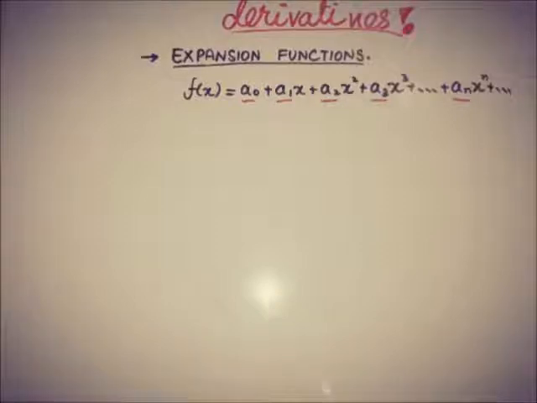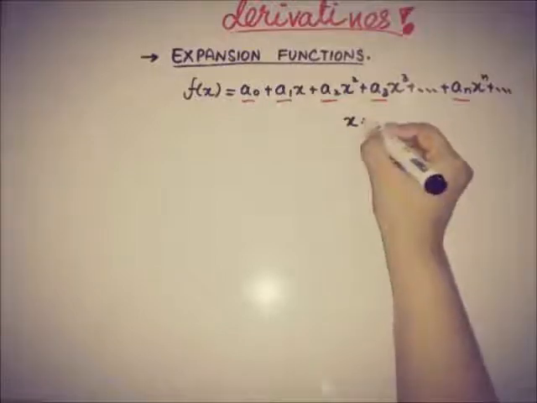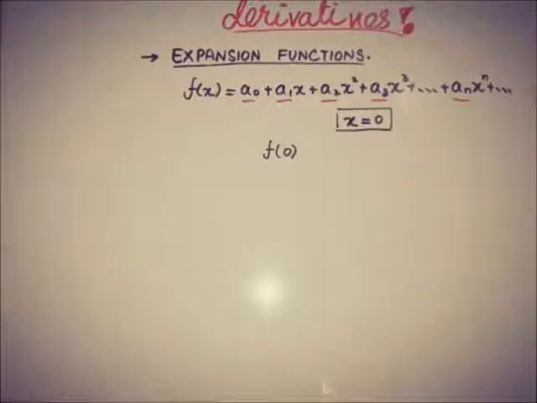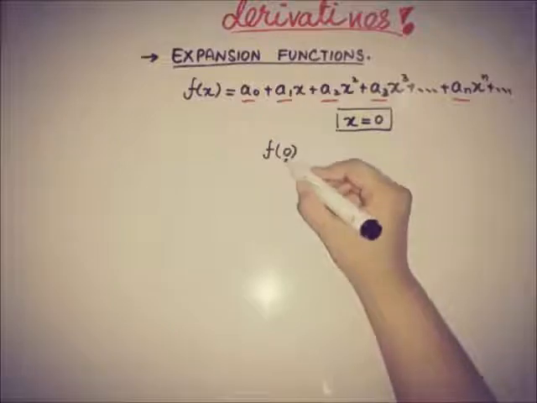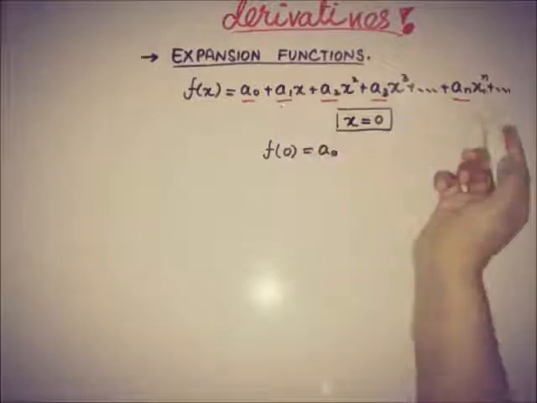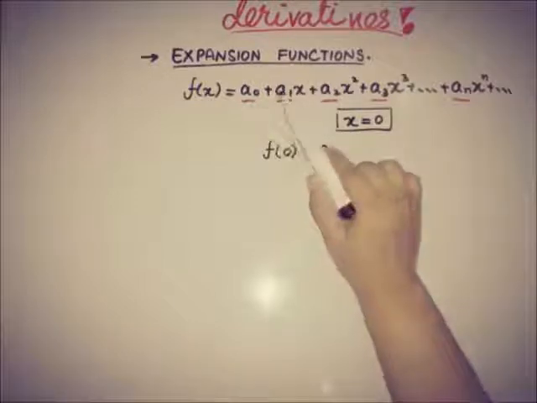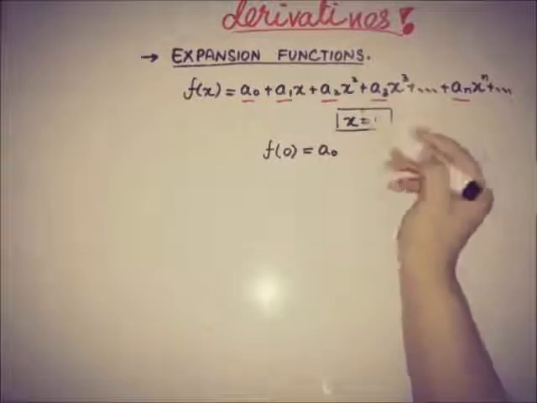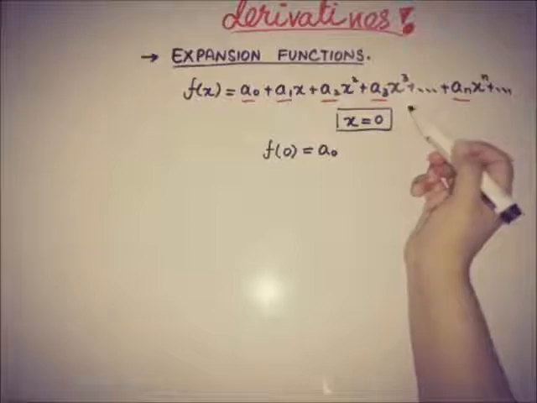In order to find the value of the coefficients a0, a1, a2 and a3 and so on, the successive derivatives come into play. If I'm interested in finding the value of a0, then by putting x equal to 0, I will get f of 0 equal to a0, because all of the elements other than a0 will be eliminated when x is 0.